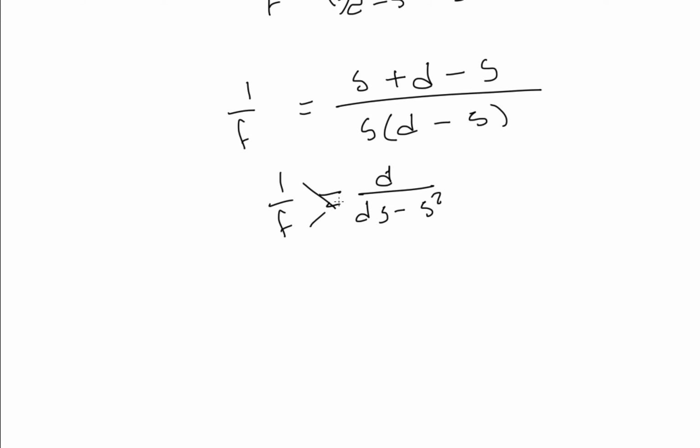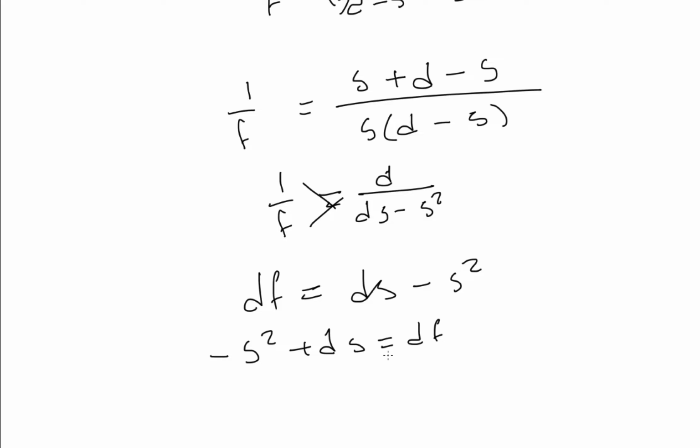So cross multiplying, you get df is equal to ds minus s squared. Simplifying further, you get negative s squared plus ds is equal to df. We can also choose to subtract both sides by df, and you get this.